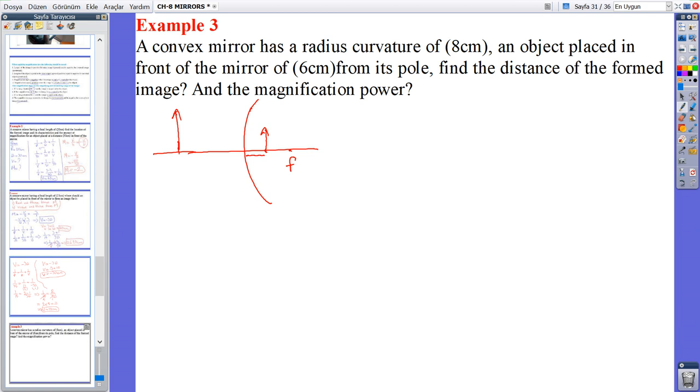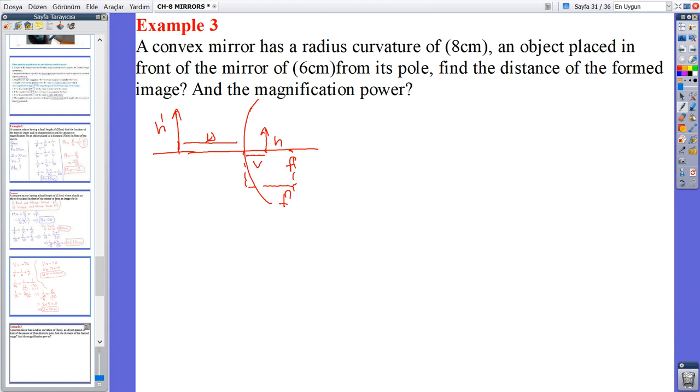This part we can show as v, this part as u, and we can show the pole and the height h. And this point is the focal point.